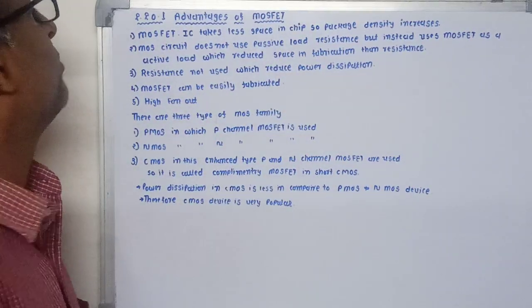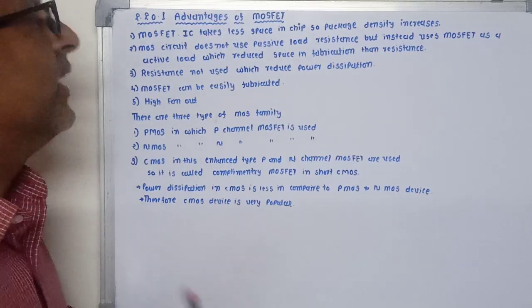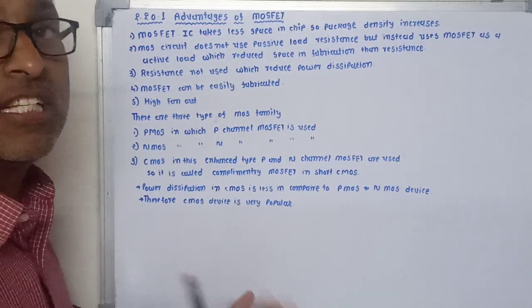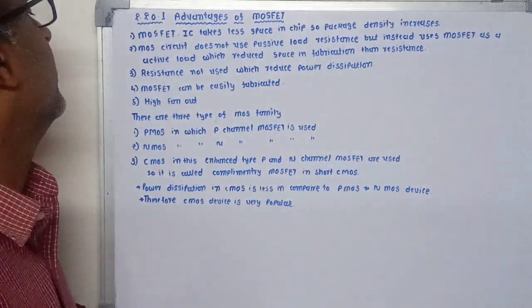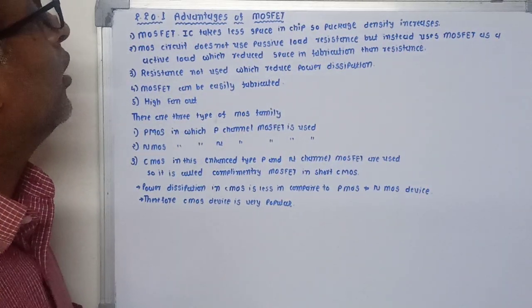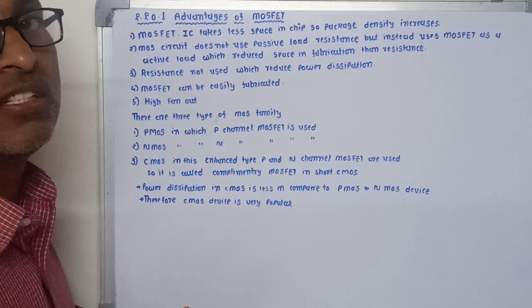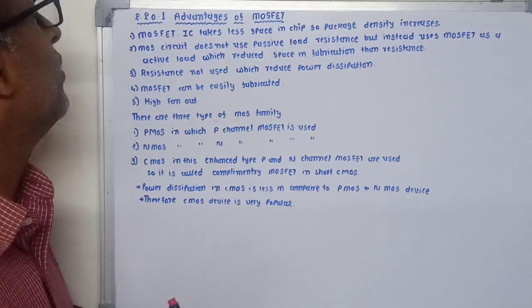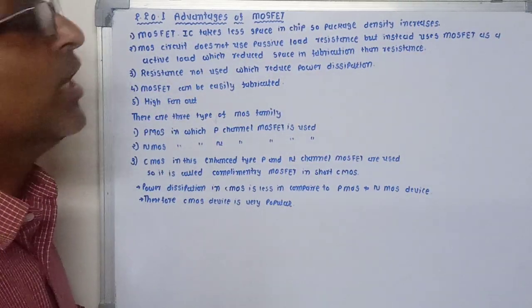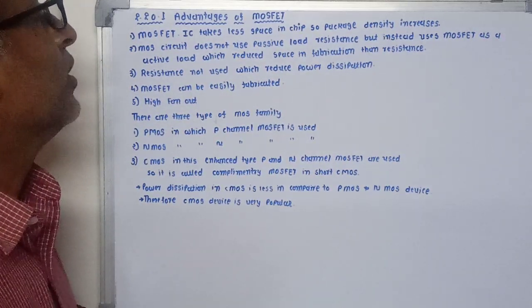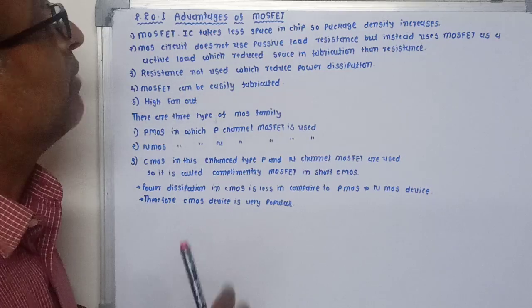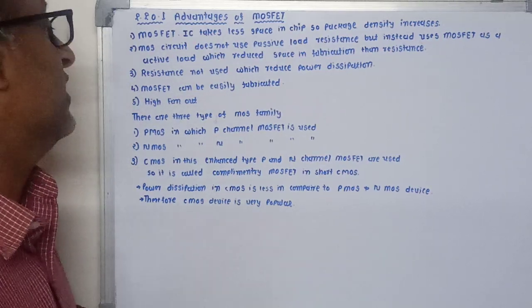Advantages of MOSFET. First, MOSFET IC takes less space in the IC, so the package density is increased. Second, the passive load resistance is not used as a load with MOSFET, but MOSFET itself is used as an active load, which reduces the space in fabrication compared to the resistance.